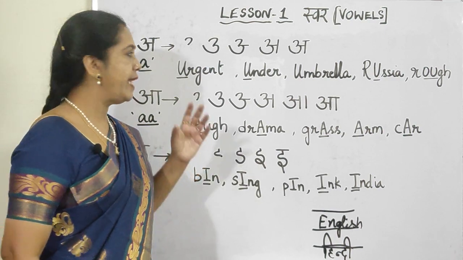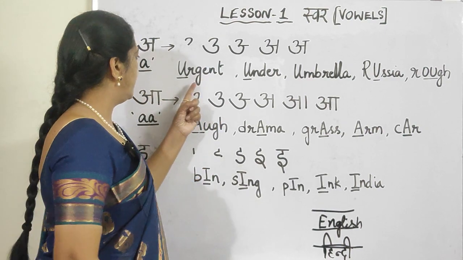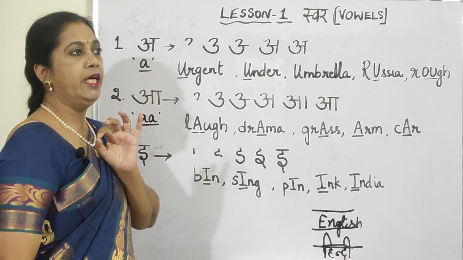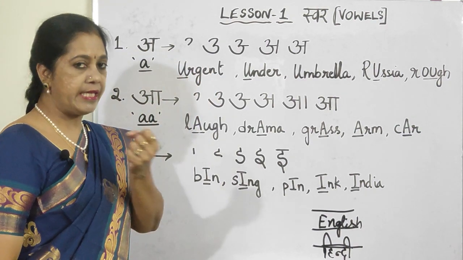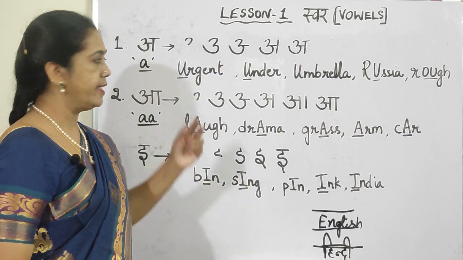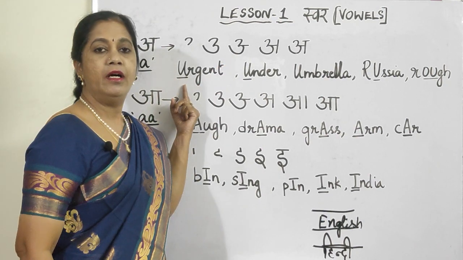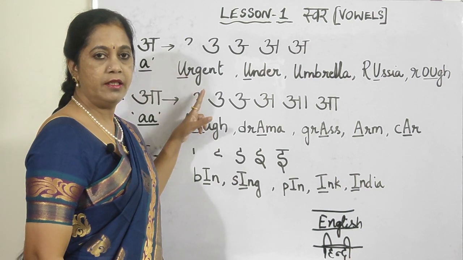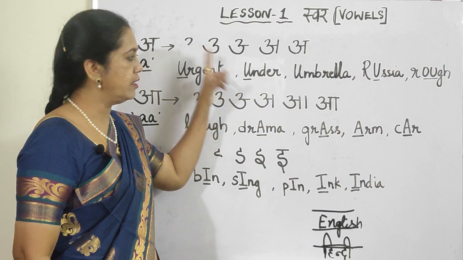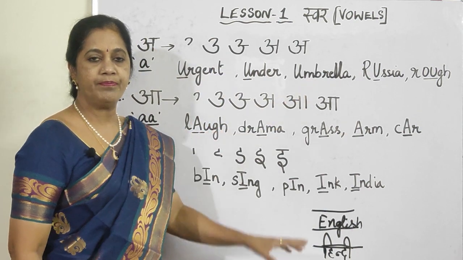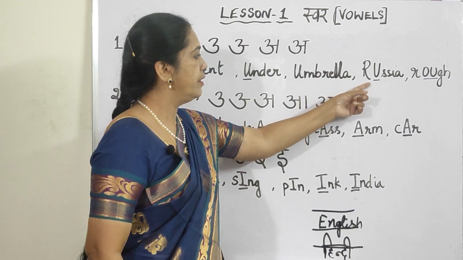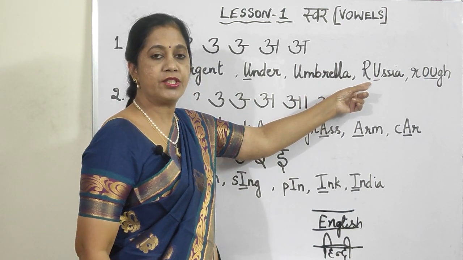So that way, when you're learning it, I would like you to know the words which relate to that, so that it is easy for you to remember this letter. Now see here: urgent, under, umbrella, Russia.